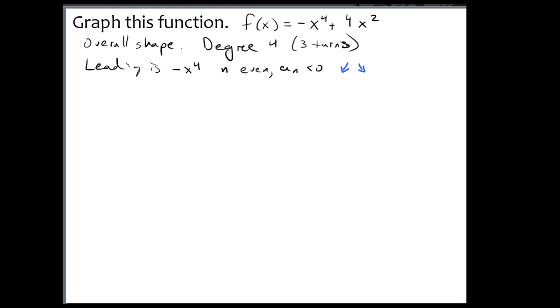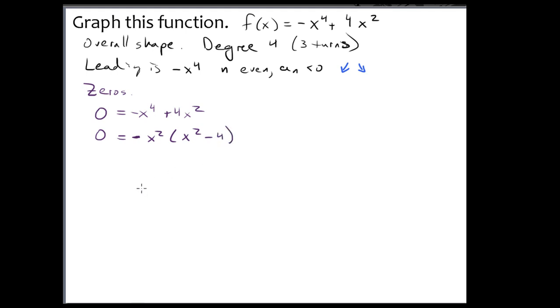I think next we need zeros. We need some roots for this function. I'm going to say 0 is equal to negative x to the fourth plus 4x squared. I'm going to factor out negative x squared. And if I factor out a negative x squared, you know what's left? X squared minus 4.